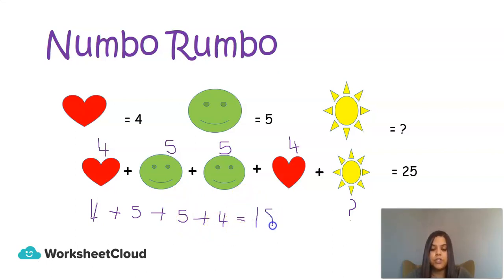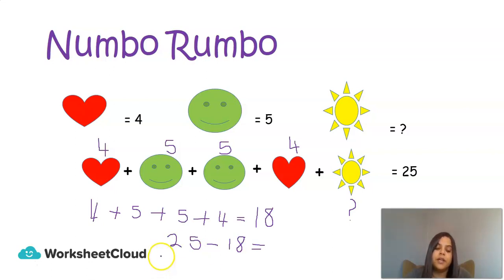So that's how much those are equal to. Now I have to say 25, which is my total amount, minus 18. And remember, we can use our leapfrog method, okay, to find out what the answer could be.